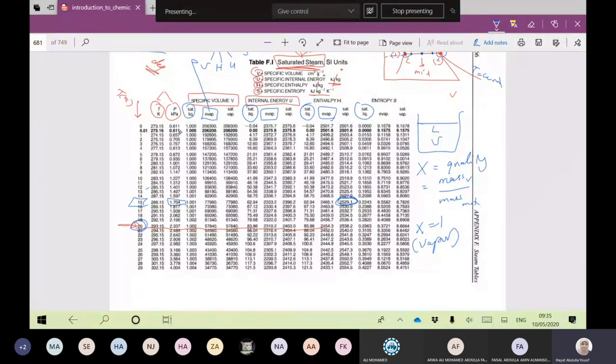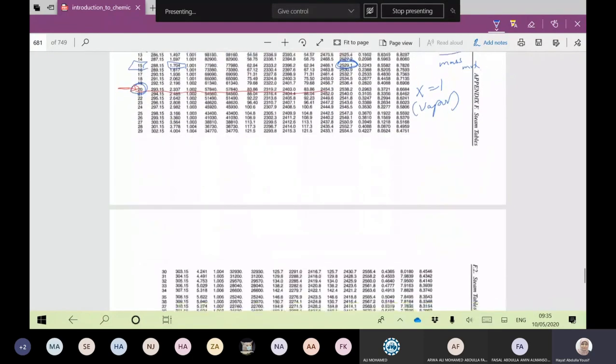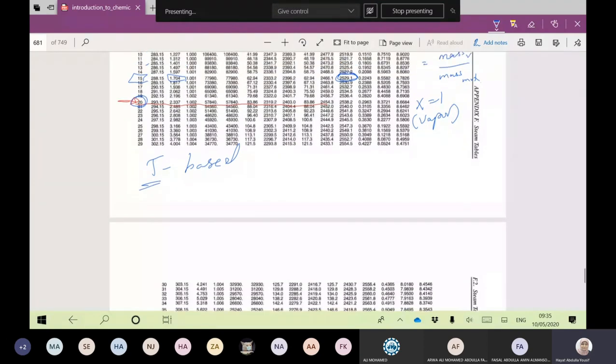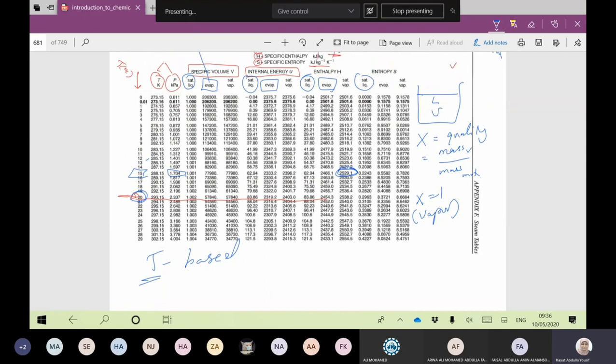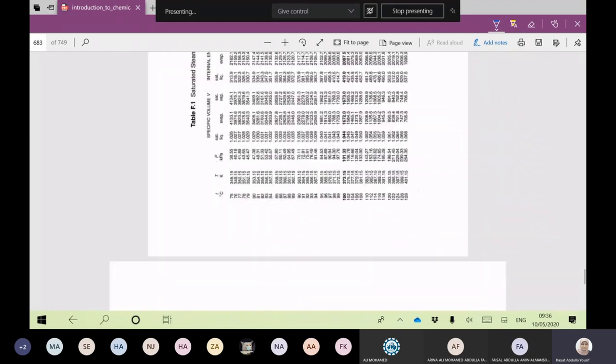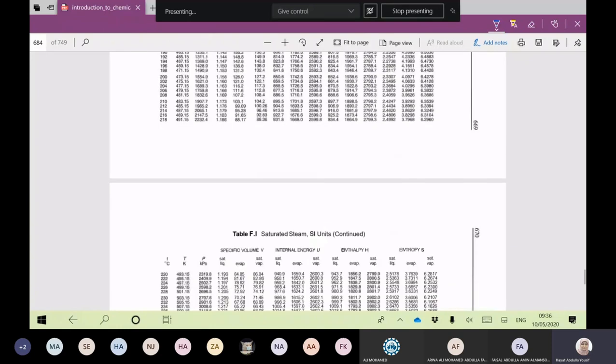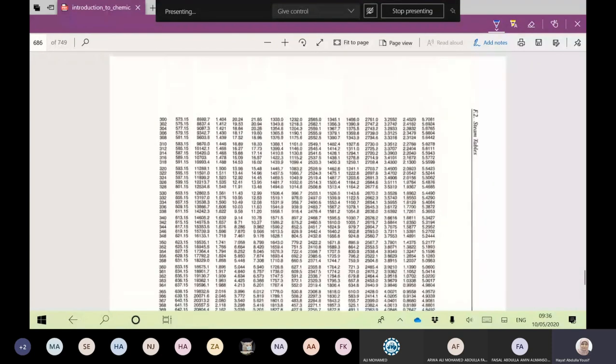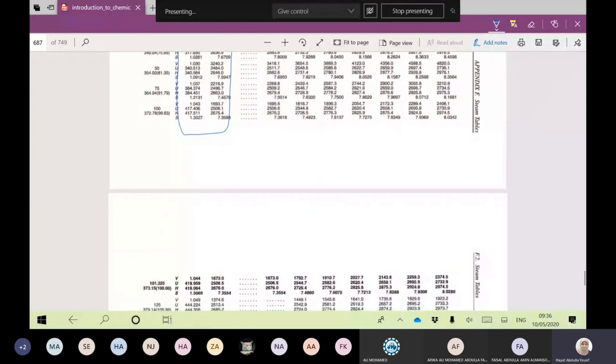So I would make a conclusion here. Table F1 is a temperature-based table. Temperature-based means if the temperature was given, then it's easier to use table F1 to get the saturated properties because the temperatures are without decimals. If it is pressure-based, if the pressure was given, then you had better use table F2, and that's why I call table F2 a pressure-based table.